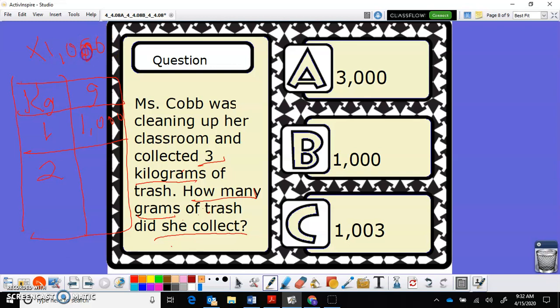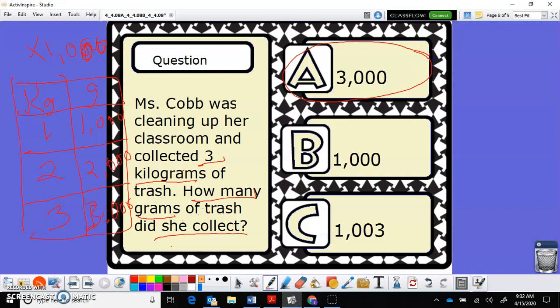That's 1,000, not a 6. 2 times 1,000 is 2,000. And what we're looking for is 3 kilograms right here. 3 times 1,000 would be 3,000. So over here, my answer is going to be A again.